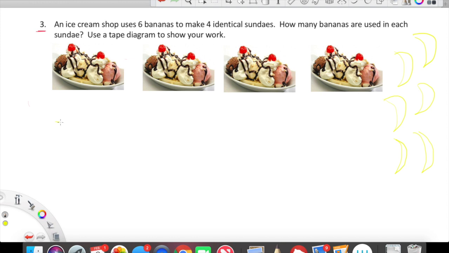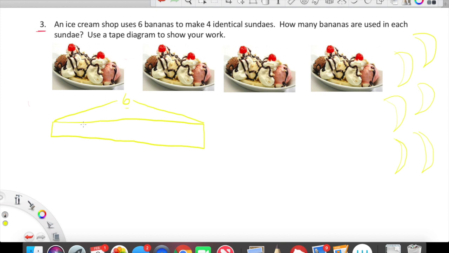What's being divided? Well, what's being divided are the bananas. So I'm going to draw my tape diagram in yellow because bananas are yellow. How many bananas are we dividing? We are dividing 6 bananas. So my tape diagram is going to be 1 rectangle that represents 6 bananas.